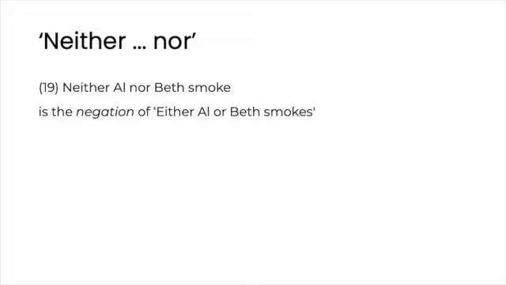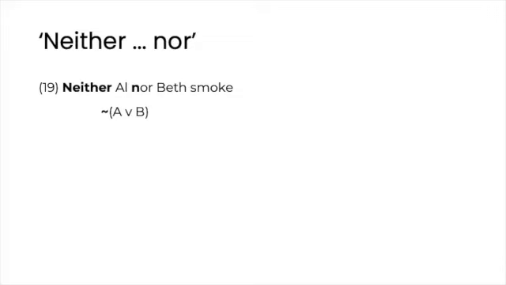Here we interpret the neither nor construction as the negation of a disjunction. So a sentence like neither Al nor Beth smoke is actually the negation of either Al or Beth smoke. This last sentence is symbolized as A V B. So we render our sentence 19 by placing a negation in front of the whole sentence. So the symbolization of 19 is tilde over A V B.